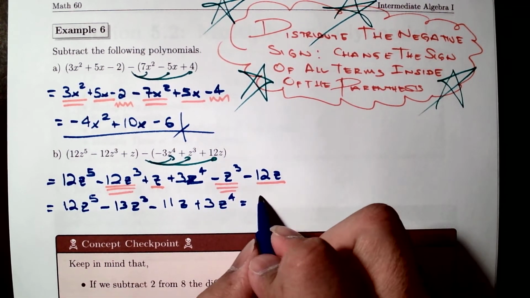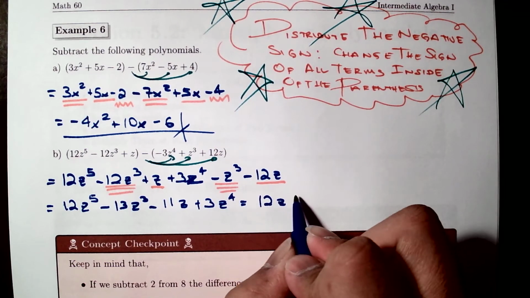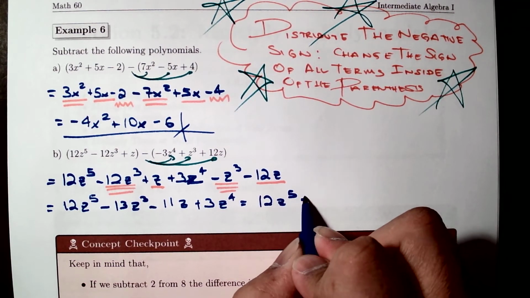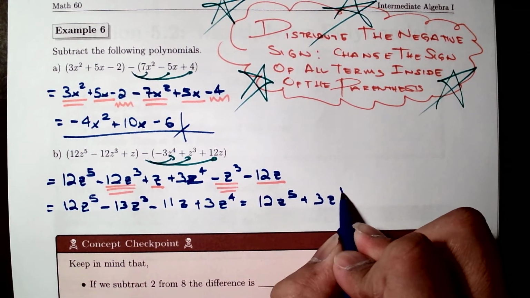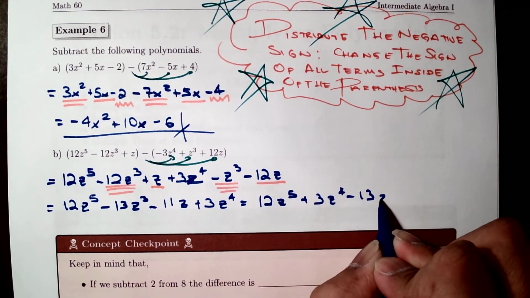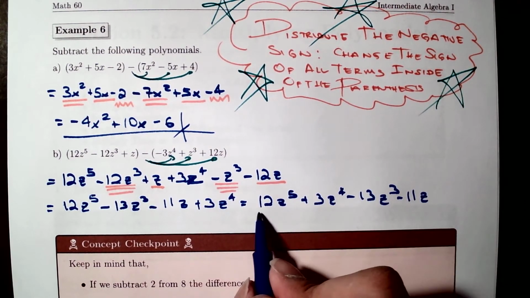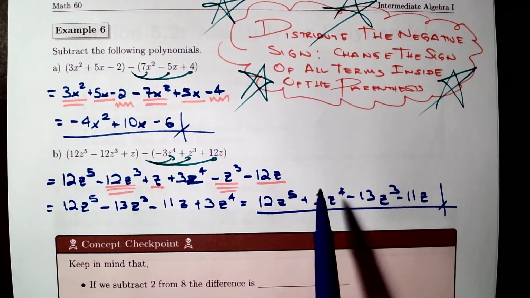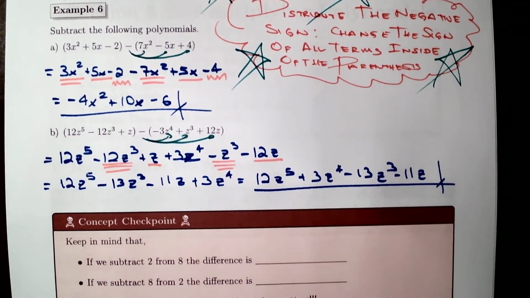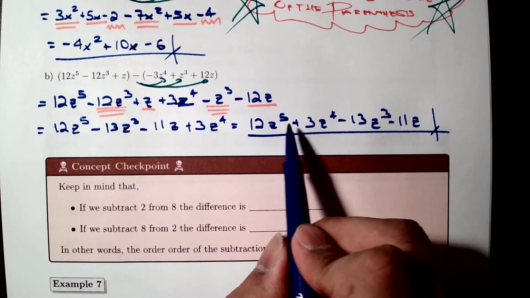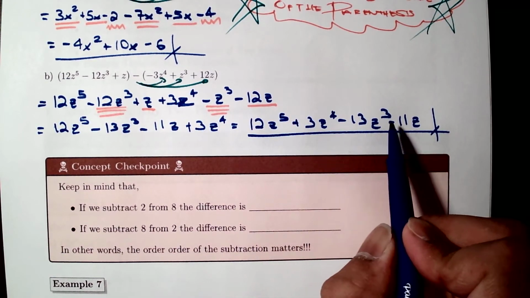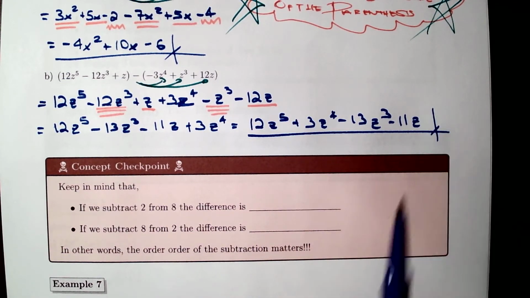So we can have something like this. Final answer. See how we have descending order of exponents: fifth power, fourth power, third power, and first power.